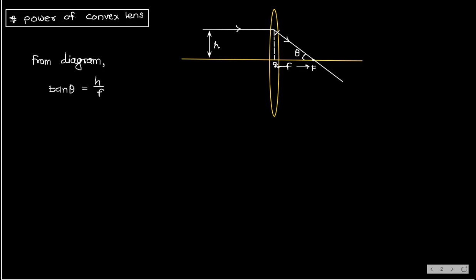And in this triangle OAF, in the diagram, tan theta is equal to h by f. Now if h is equal to 1 meter, then tan theta is equal to 1 by f.